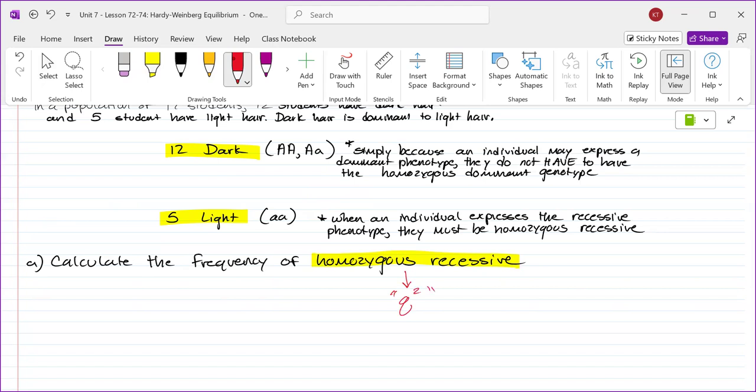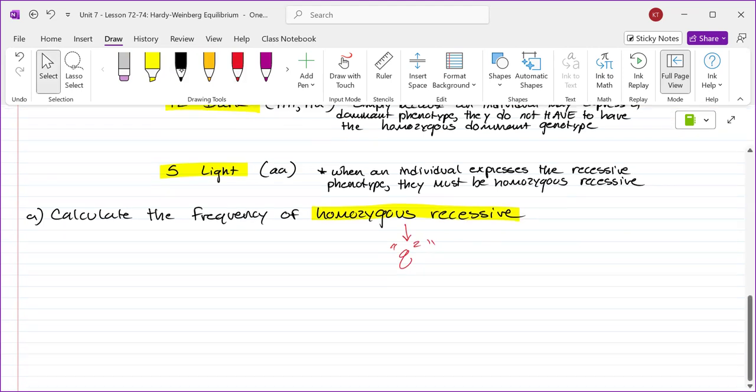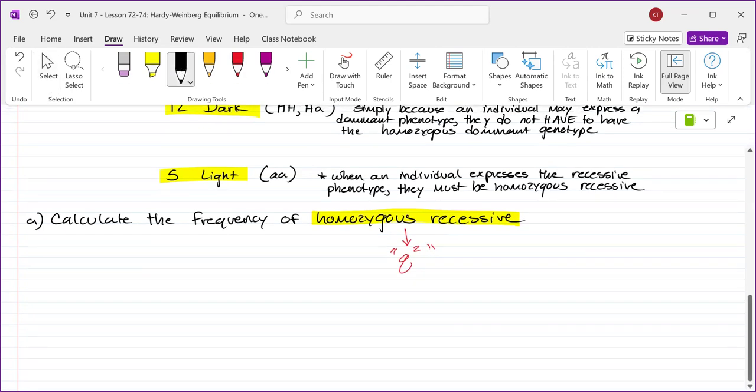So, which trait is the recessive trait here? Is it the dark hair or is it the light hair? It's the light hair. And what did Ivory correctly say the genotypes of these 5 people must be? So 5 out of 17 people are what genotype? 5 out of 17. Here's how you find frequencies, guys. This goes to what I was saying a moment ago. I need to know. And if you don't know, now's your time to learn. Welcome to school.